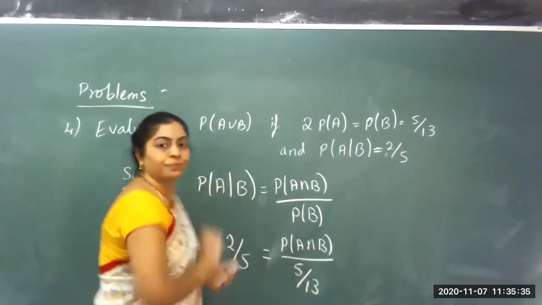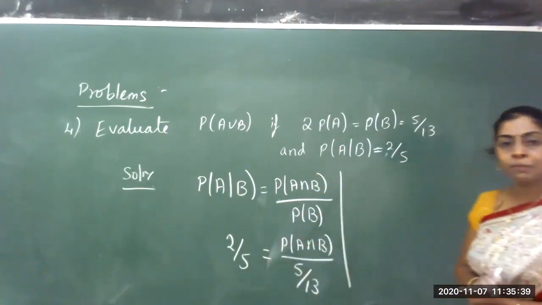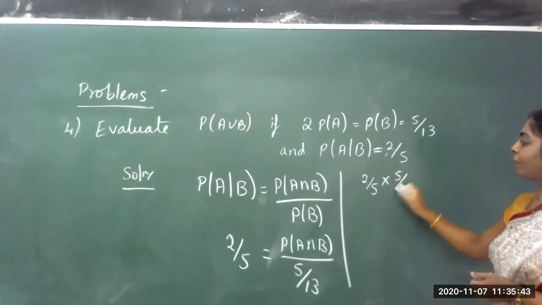Now, I'll cross multiply this. So 2 by 5 into 5 by 30.